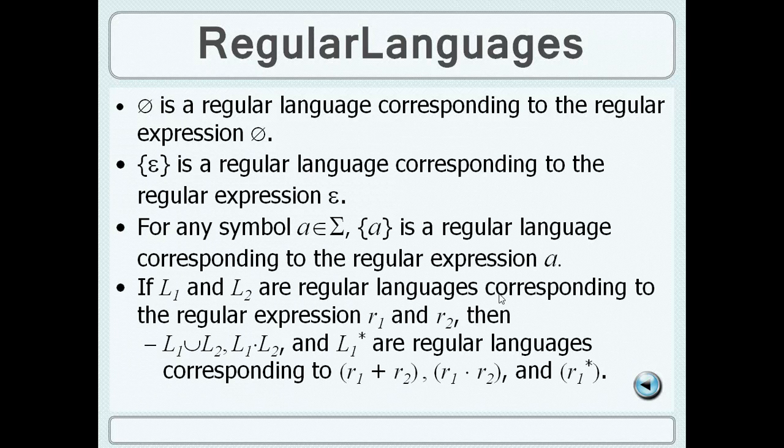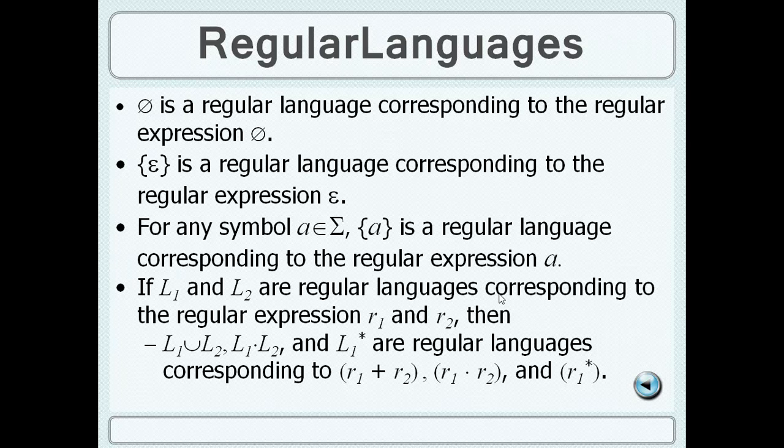Phi is a regular language corresponding to the regular expression phi. The set epsilon is a regular language corresponding to the regular expression epsilon. For any symbol a in sigma, the set {a} is a regular language corresponding to the regular expression a.